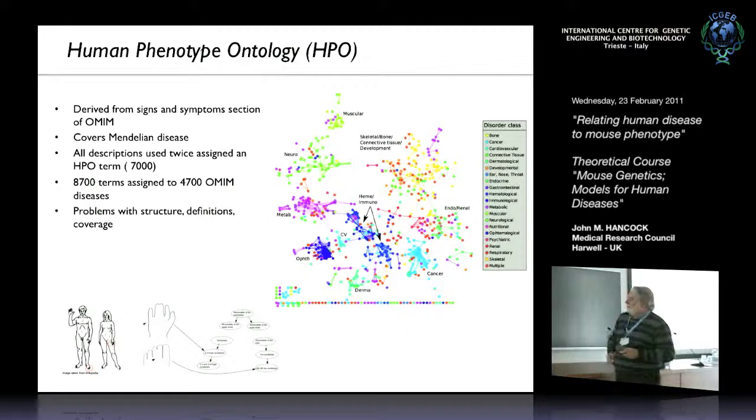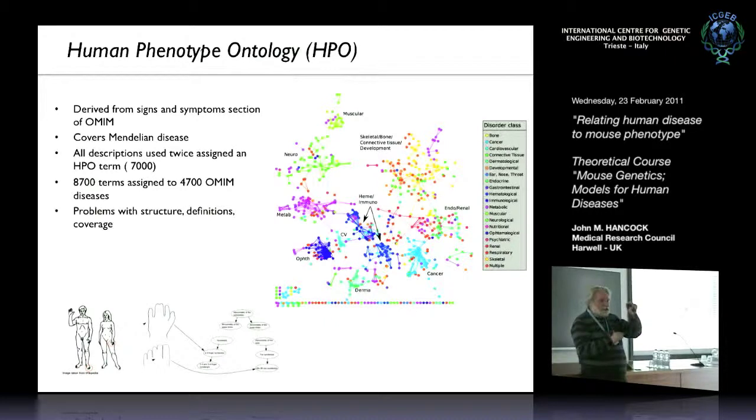The human phenotype ontology, as I said, was derived from OMIM, and what happened was that this guy, Peter Robinson in Berlin, decided that he really needed to have an ontology which just described those bits of phenotype, human phenotype, which are in the clinical synopses of OMIM. So OMIM has a page for each disease called the clinical synopsis, and what this describes is the phenotypes which are seen, which are described in the full disease page.